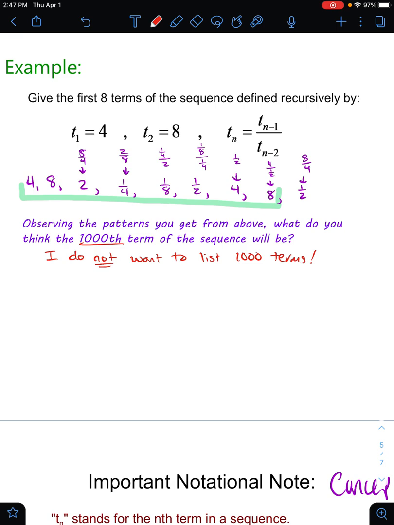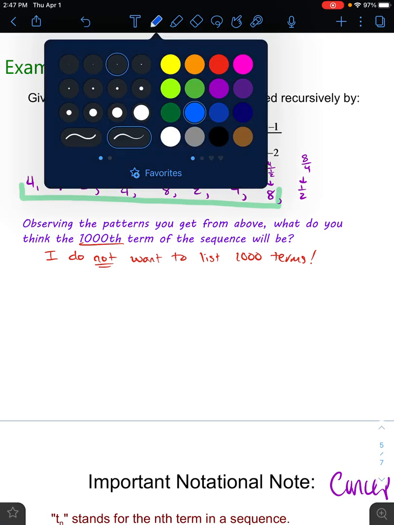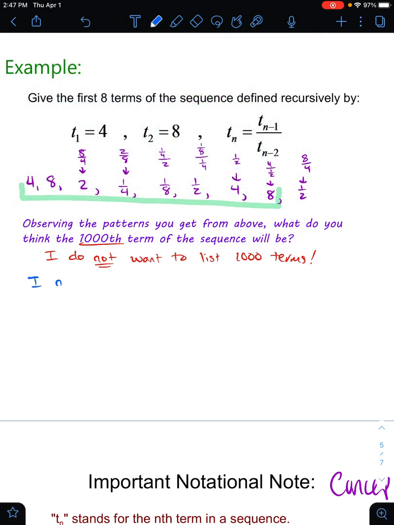And that is sort of the flaw of recursive sequences, which is that in order to list the next term, I have to know all the prior terms. That's kind of annoying. For this problem, though, I notice that the pattern loops.